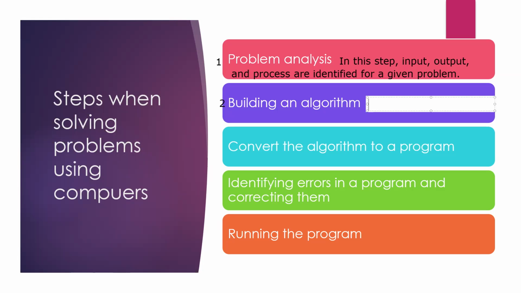Okay. So build an algorithm means a step-by-step procedure to solve a problem, like a recipe. Now I told you, like making a cake. You have ingredients and your output is the cake. There are steps. And remember, if you mix the steps, I hope the ladies know what will happen.